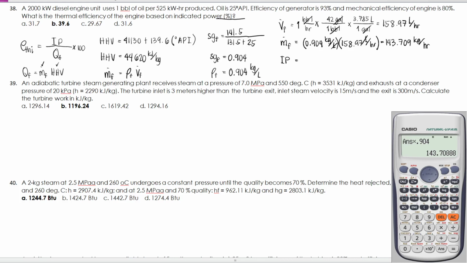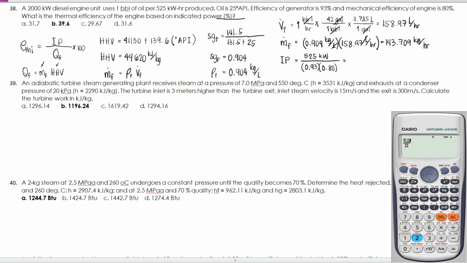Okay, so yun yung 525 kilowatts. Yun yung napoproduce ng buong engine na ito. So yung 525 kilowatts na output power ng buong diesel engine generator assembly, divide lang natin siya sa generator efficiency na 0.93 at saka yung mechanical efficiency na 0.8. Okay? Para ma-convert natin siya in terms ng indicated power.